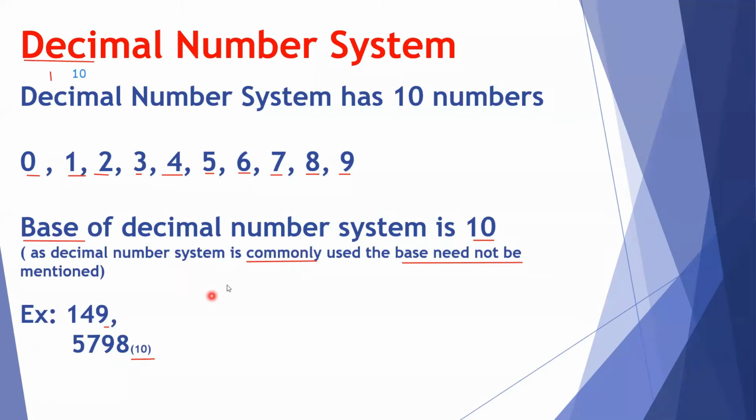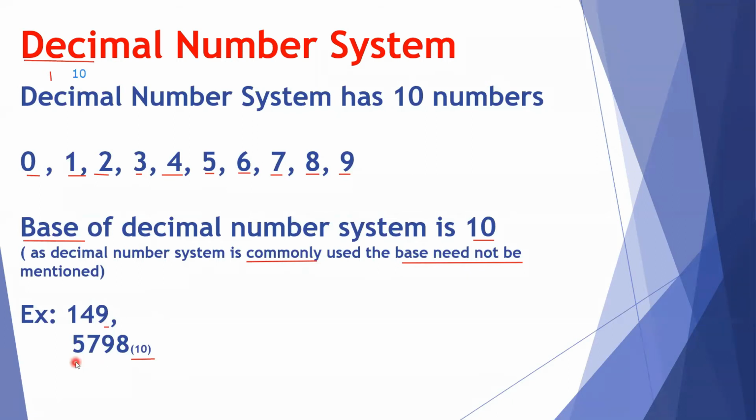Now let us see the examples. Example: 149. 1 is there in decimal, 4 is also there in decimal, and 9 is also there in decimal. So this number is a decimal number. Base is not mentioned even though it is a decimal number.